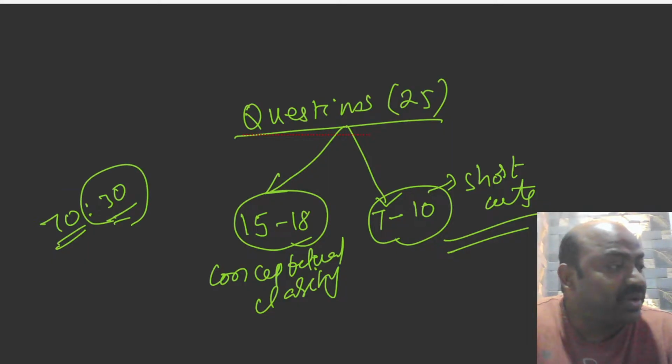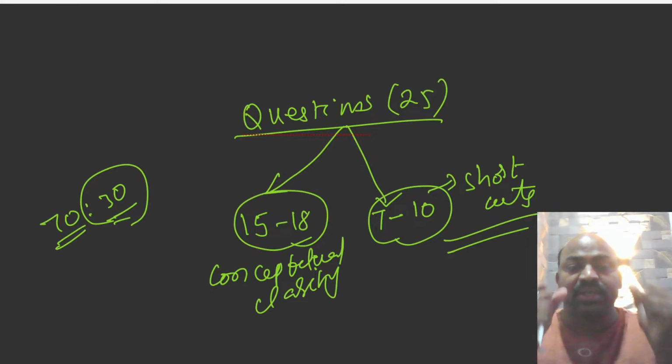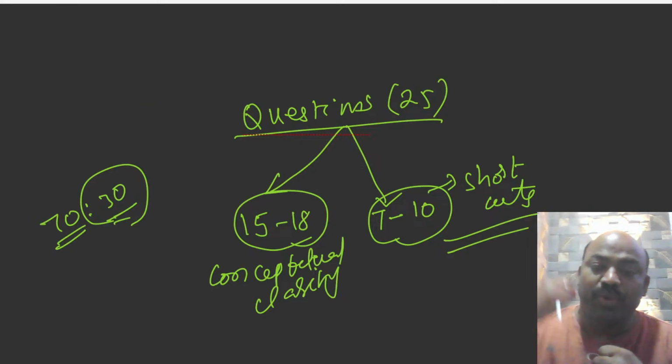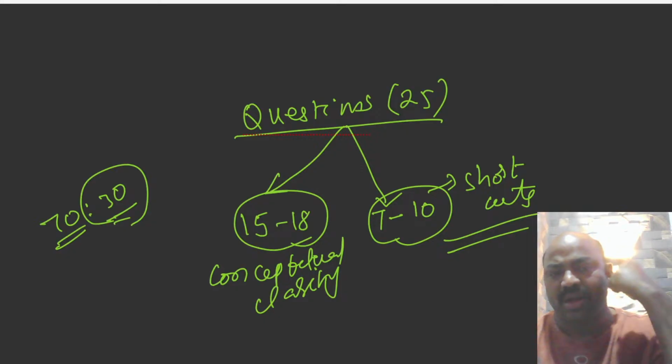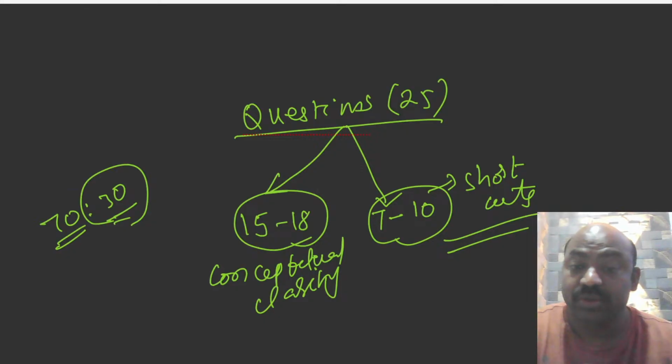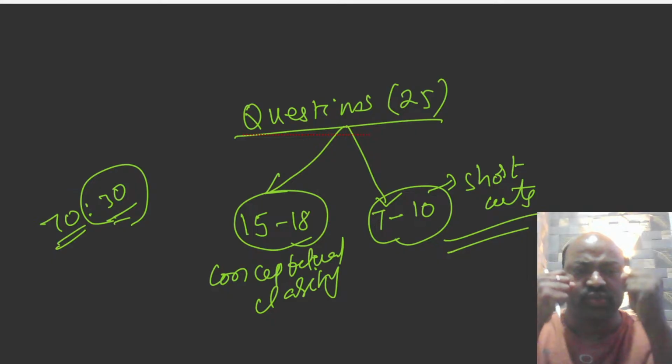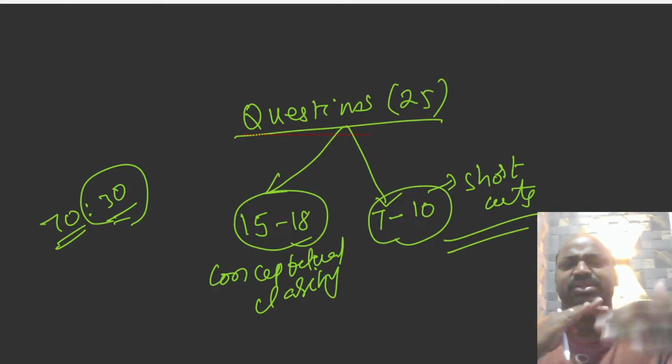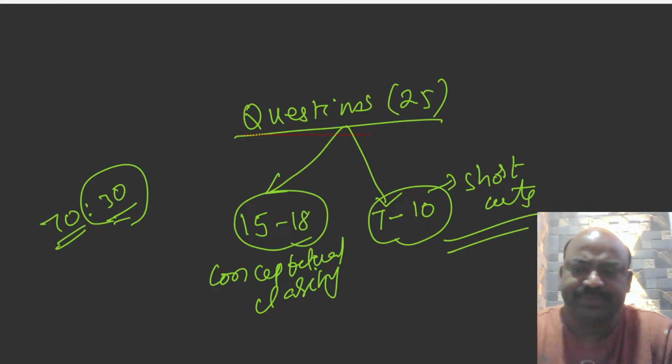So you should have both things in your hands. One is conceptual clarity, in the right hand, and in the left hand you should have shortcuts. When you have these two together, you can cut the question like anything.